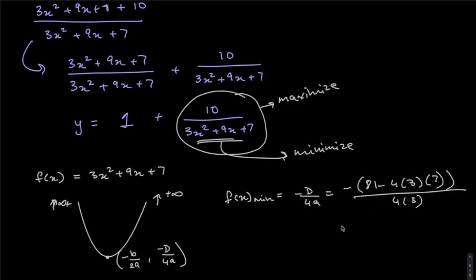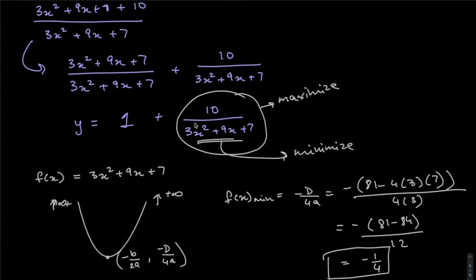So 4 times 3. Simplify this a little bit more. We get minus 81 minus 84 all upon 12. So this is minus 3 by 12, which is minus 1/4. So the smallest value of this function is minus 1/4.